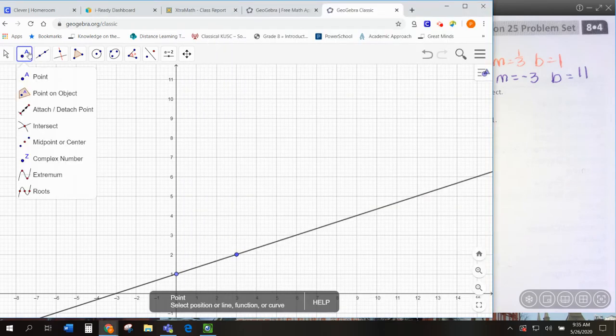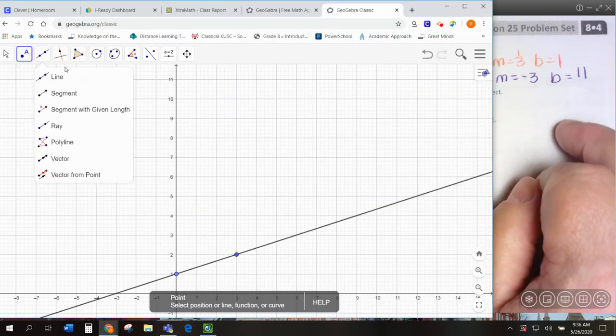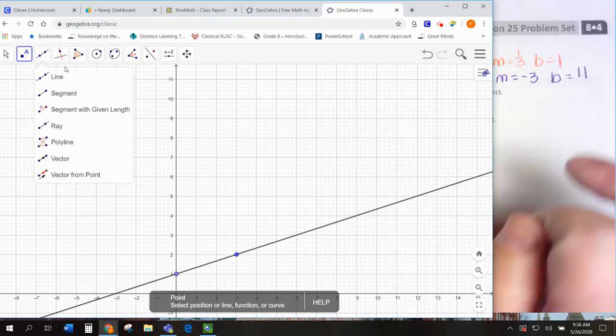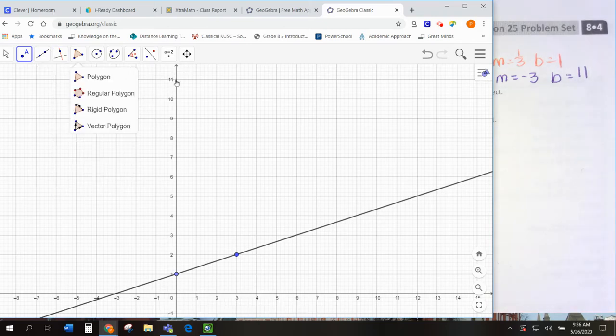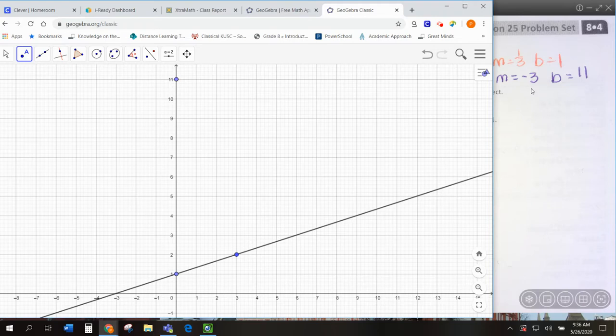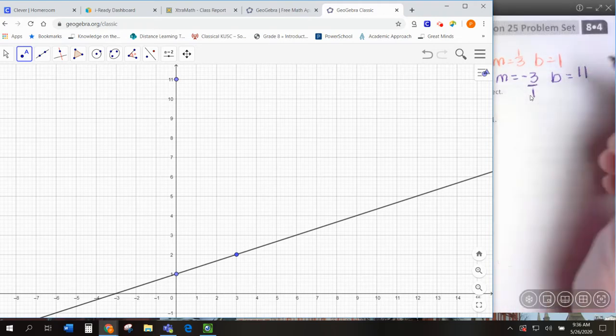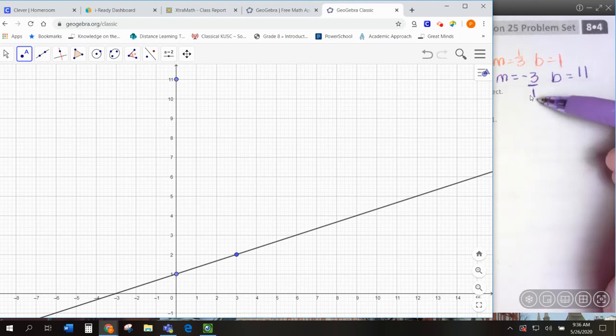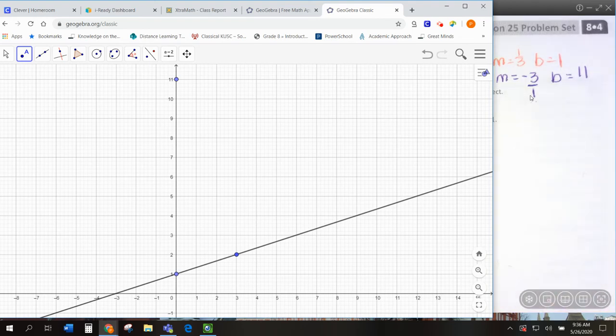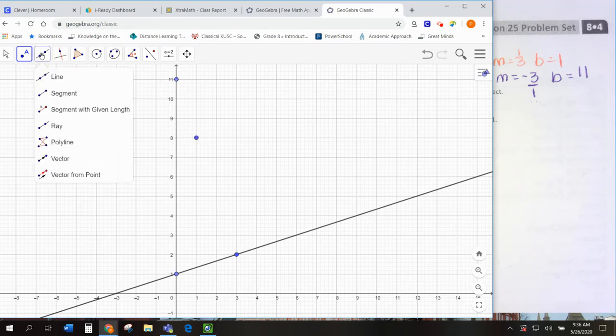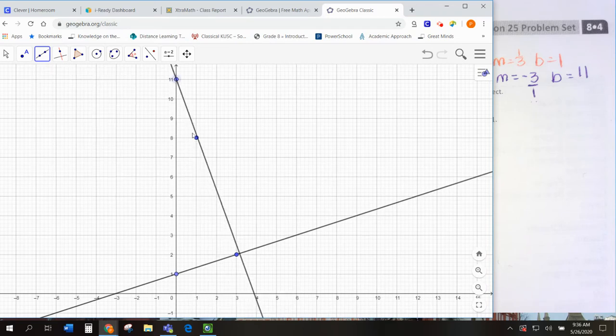Come back over here. We're going to put our y-intercept at +11. We'll put a dot there. And then our slope is a -3. We can write that as -3 over 1 as a fraction. So we're going to go down 3 over 1. Down 3 over 1. So I'm going to start here, go down 3 over 1. Put a dot there. And I'm going to draw a line between these two.